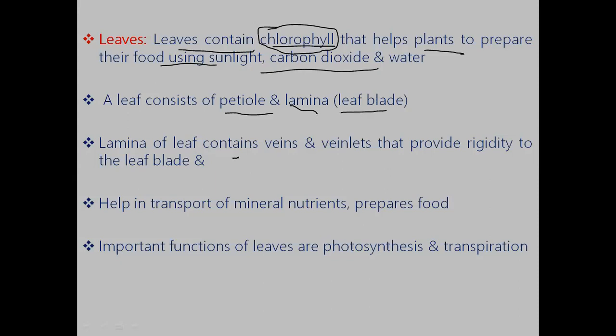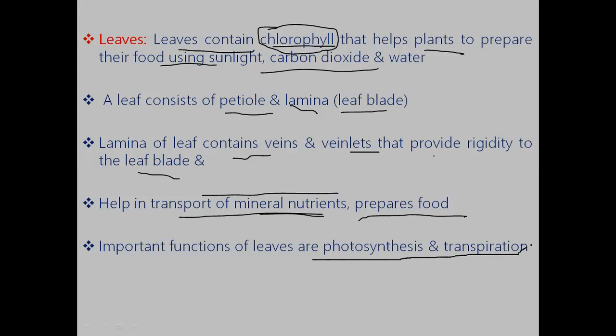The lamina of the leaf contains veins and veinlets that provide rigidity to the leaf and help in the transport of minerals. The important functions of leaves are photosynthesis and transpiration. In photosynthesis, the plant prepares its food, and in transpiration, the plant gets rid of excess water.